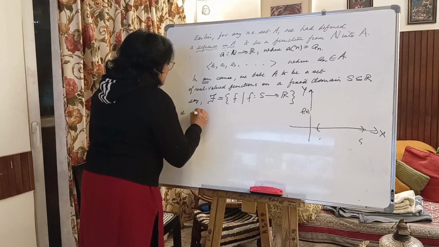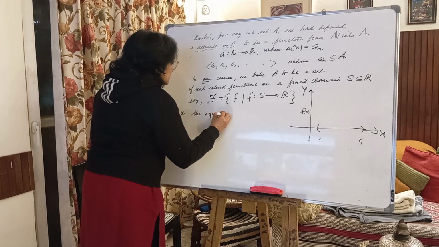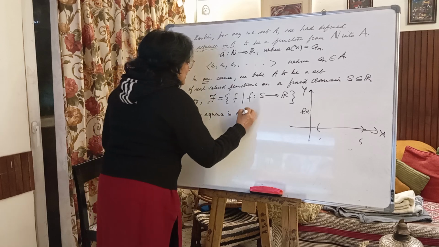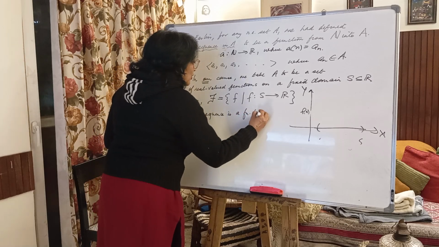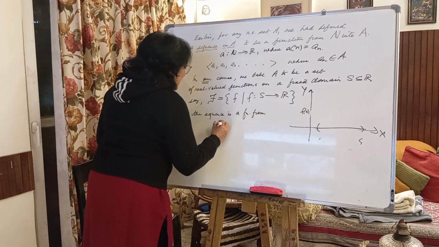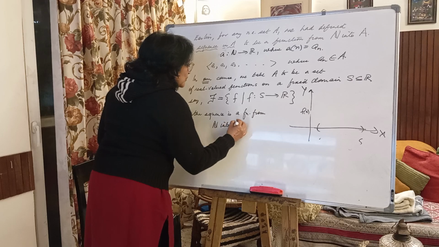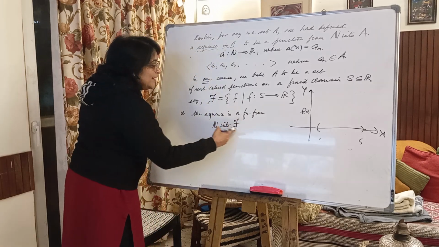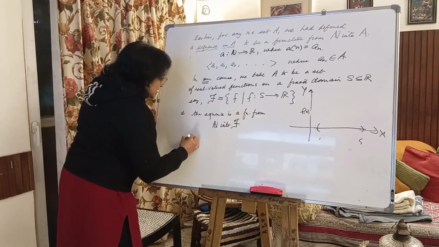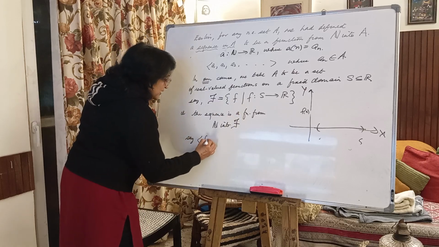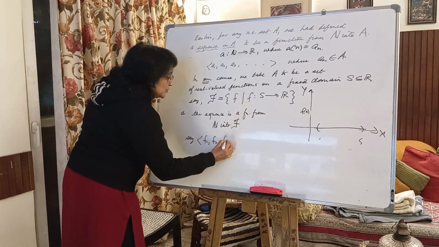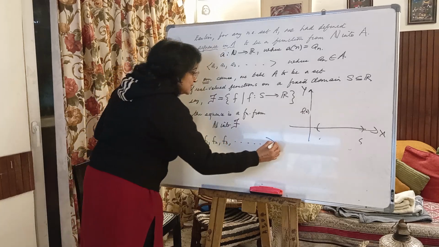The sequence is a function from N into fancy F. So for every place there will be an element of it, say f1, f2, f3 like that.